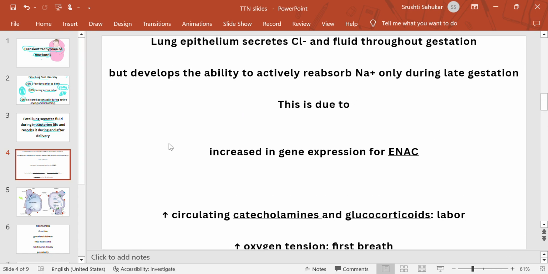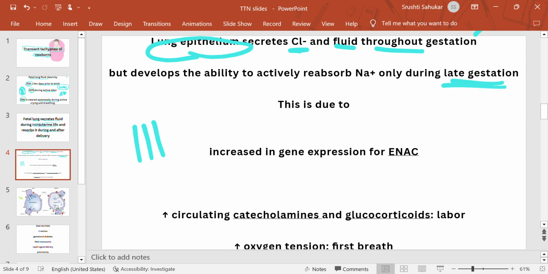So this is the physiology behind the secretion of the fluid into the fetal lung. During gestation, chloride and fluid get secreted from the fetal lung epithelium, and then in late gestation, which is before, during, and after delivery, the epithelium develops the ability to resorb sodium, right?